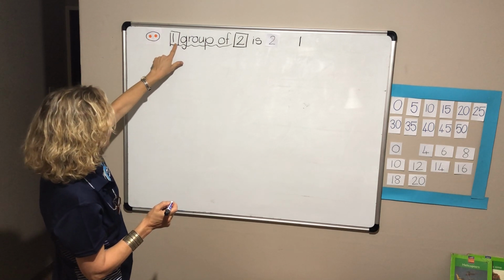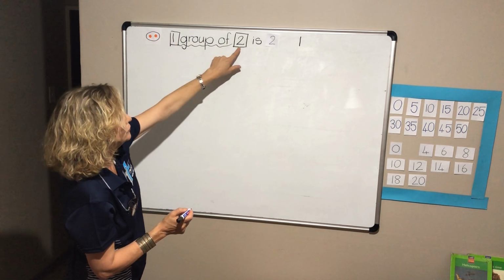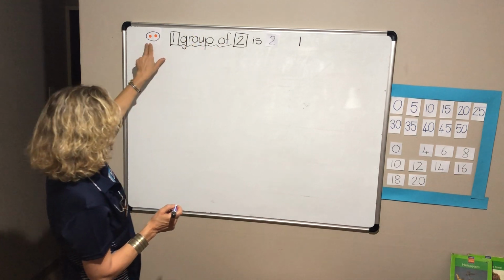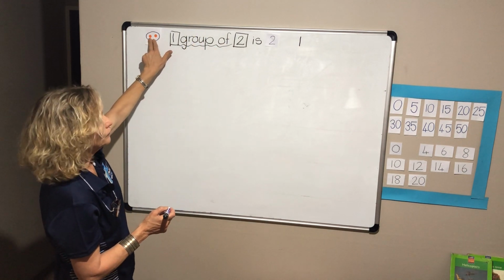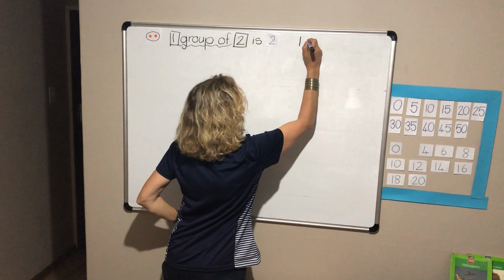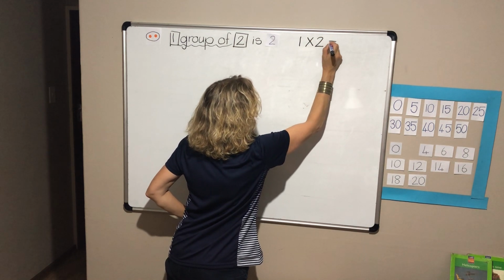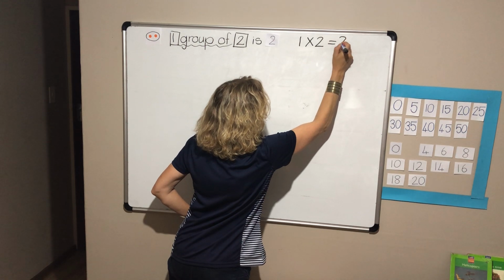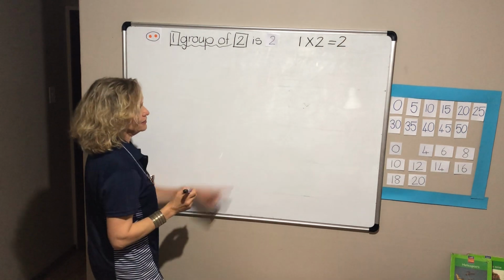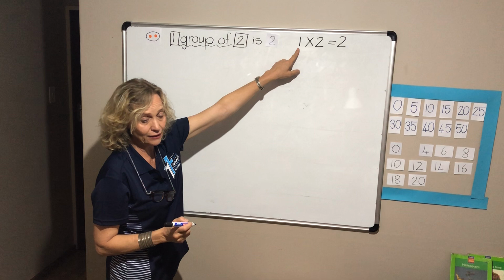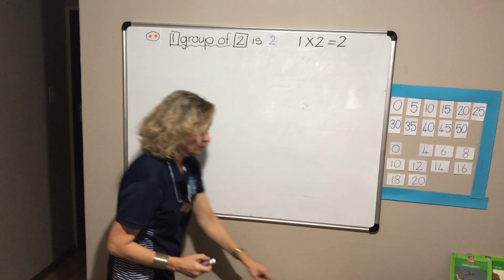See? One group of 2 is, how much is this? 2. So 1 times 2 equals 2. And that is your first sum there in the 2 times table.